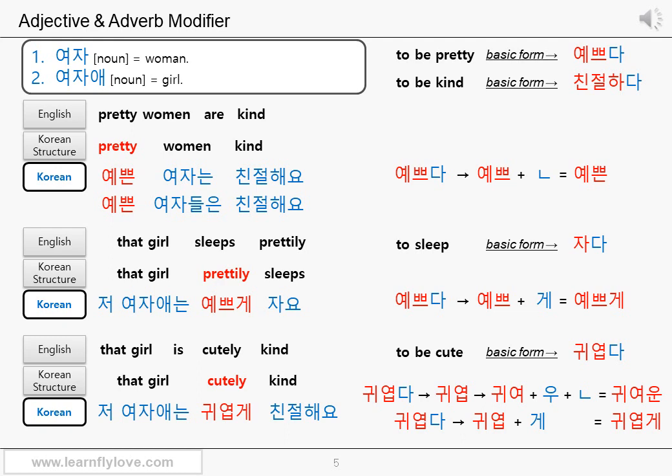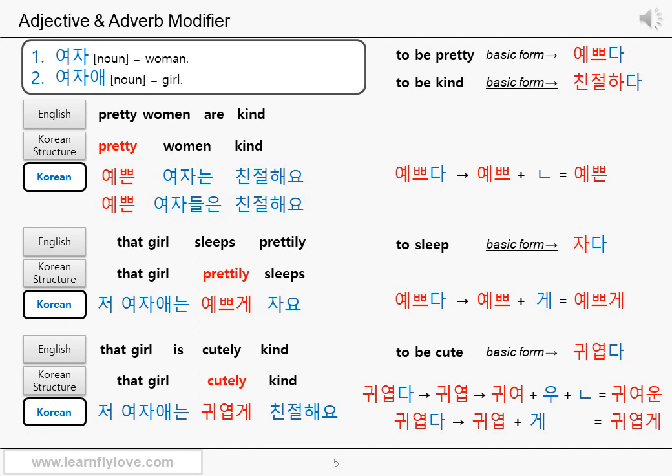The basic form of the adjective cute is 귀엽다. The stem is 귀엽. If you want to turn it into an adjective modifier, you should see the last letter of the stem. The last letter of the stem has a final consonant, b.